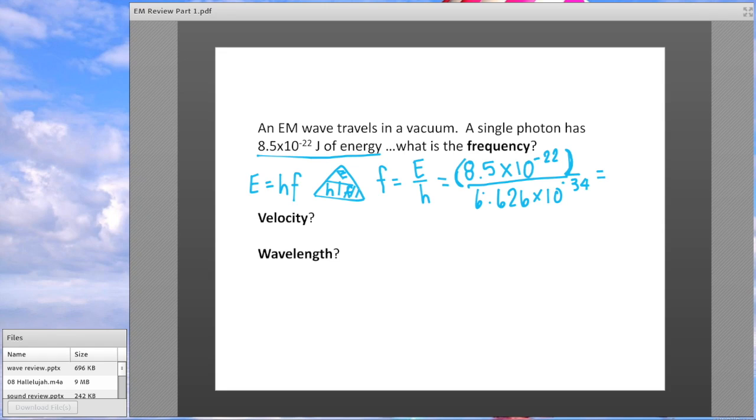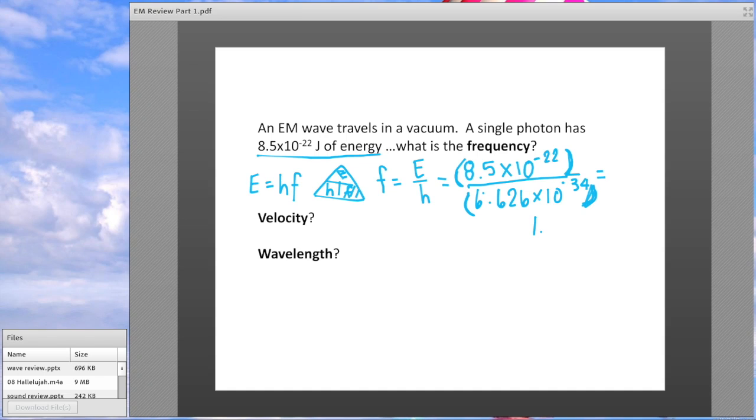So I'm going to do F is equal to E over H. So I'll have 8.5 times 10 to the negative 22 over that 6.626 number, to the negative 34.